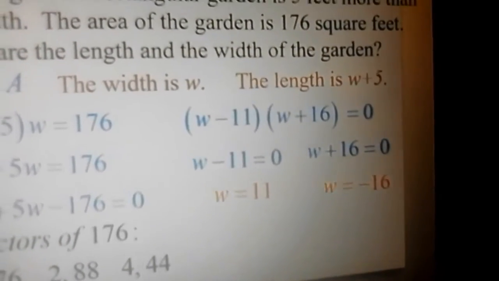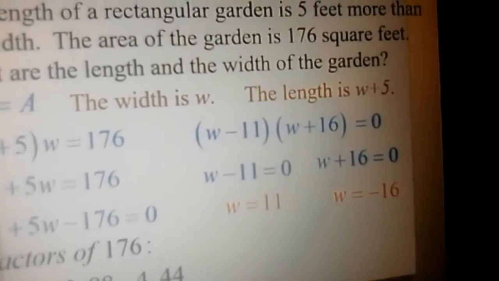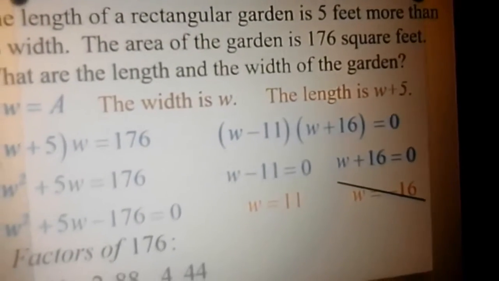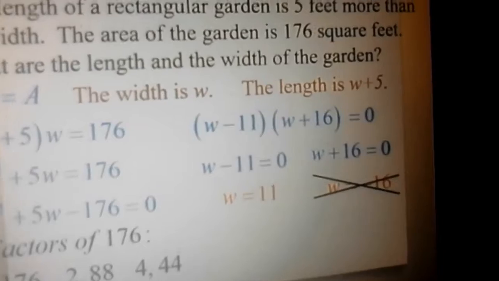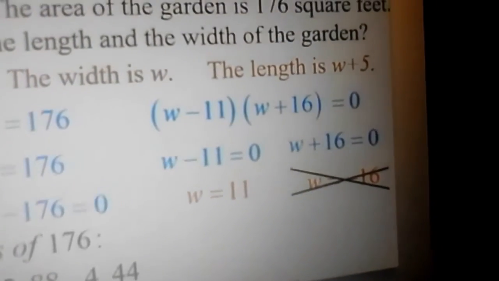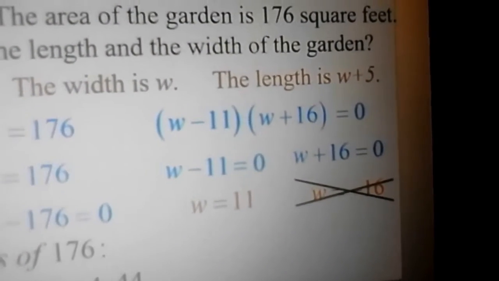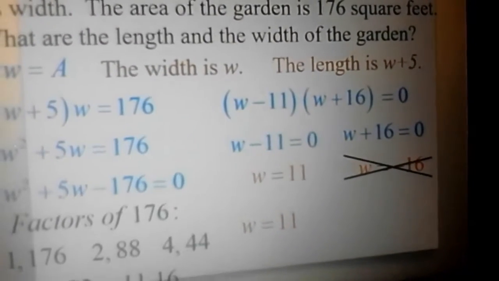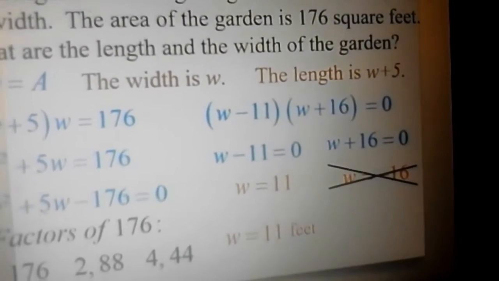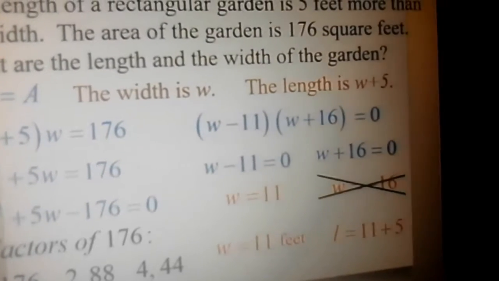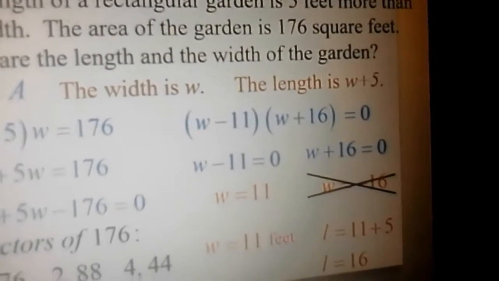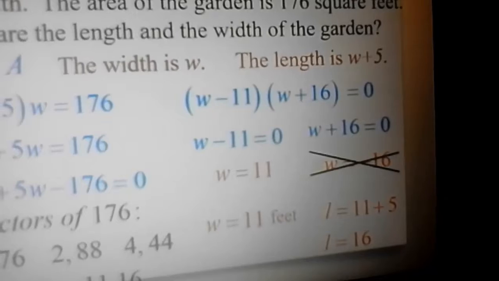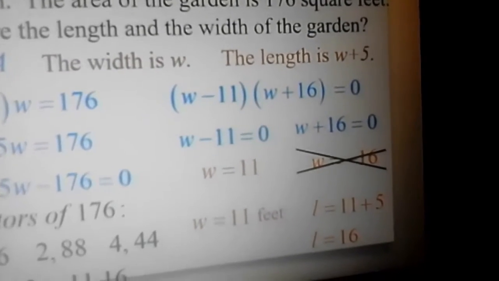So, based on that, we can have only the positive number because it pertains to the length and width of the rectangular garden. So, when W is equal to 11, which is our width, our length would be 11 plus 5, which is equal to 16 feet.